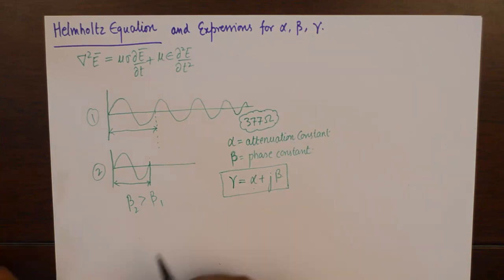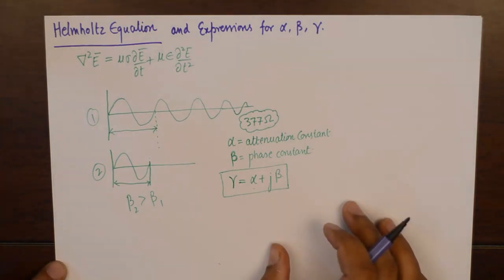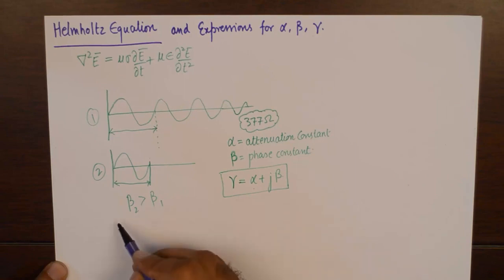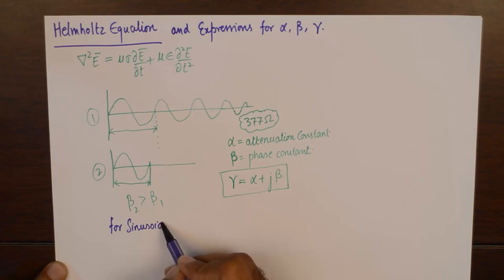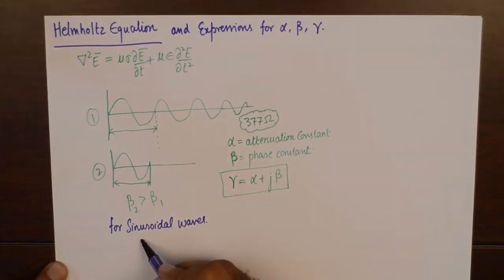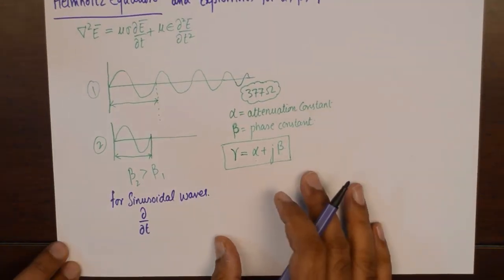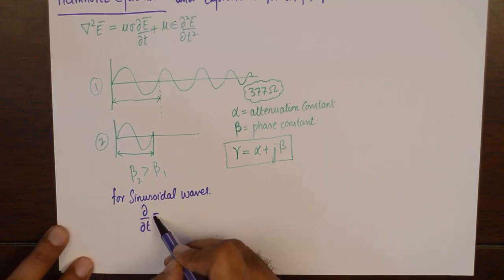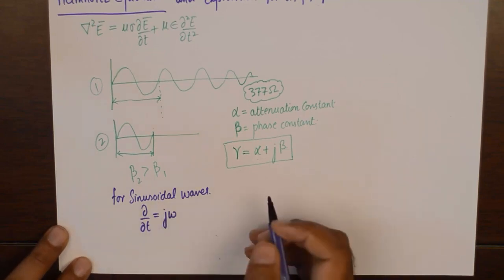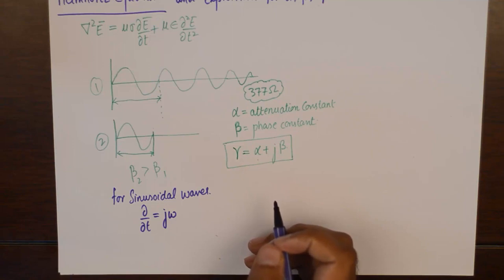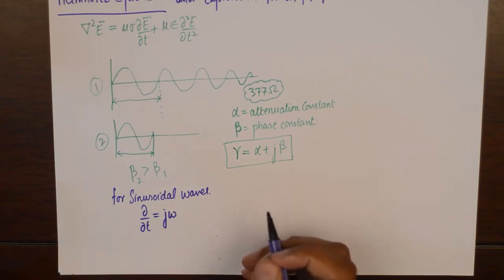Now, Helmholtz equation assumes that the waves that we are talking about are sinusoidal in nature. So for sinusoidal waves, the time rate change is substituted by j omega, where omega is the angular velocity.